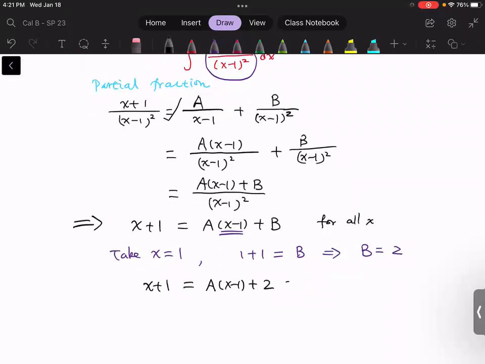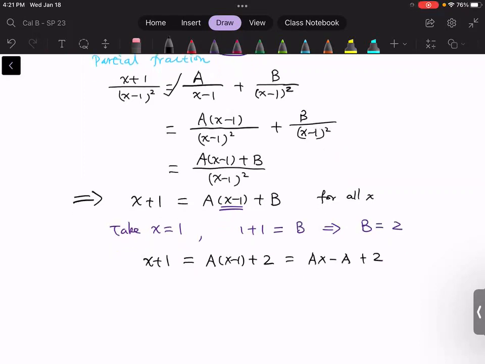Now, a little bit of algebra on the right-hand side, this will become ax minus a plus 2. We only need to compare the coefficients, or we can just do a little algebra on these two terms. Now, x minus ax plus 1 plus a minus 2 equal to 0.